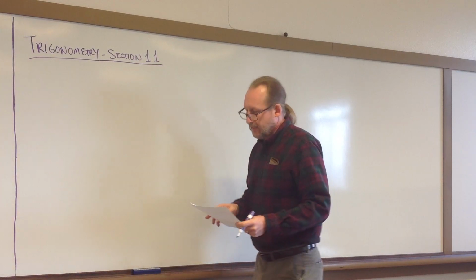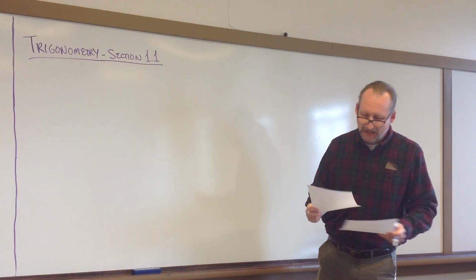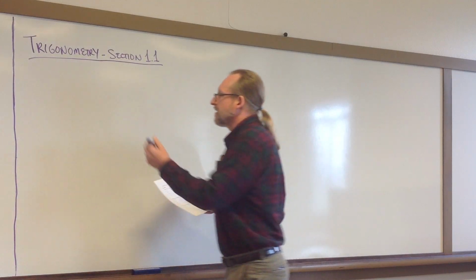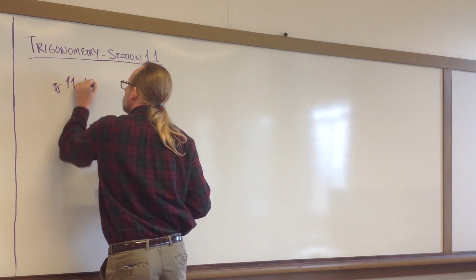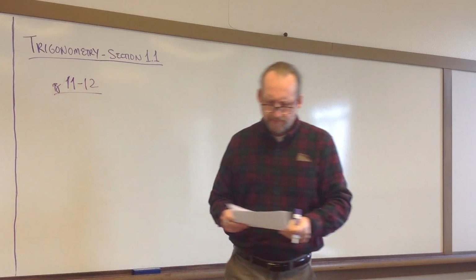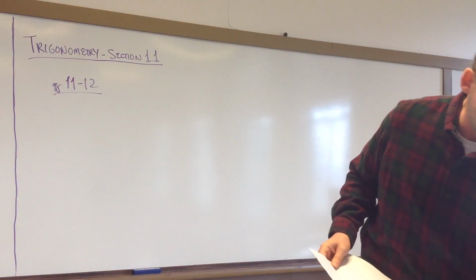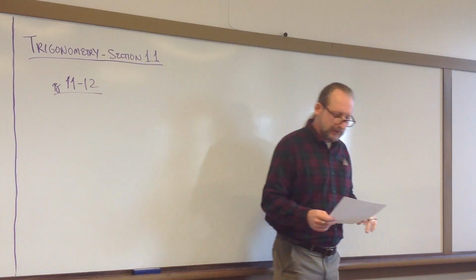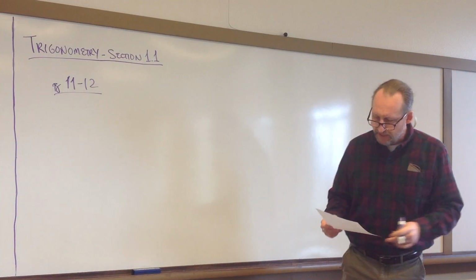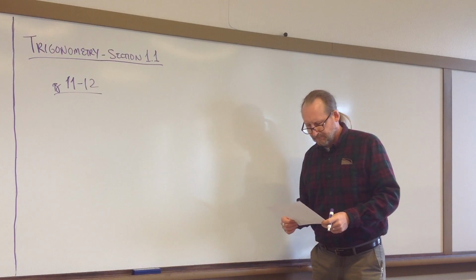If you look at it on the My Open Math website, it says problems 1 through 47, but these problems are very short and relatively straightforward. I'll go through here and do some of the even problems as examples, and then the assignment will just be the odd problems.